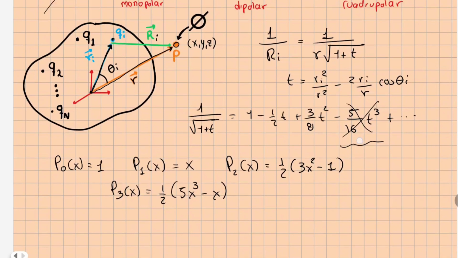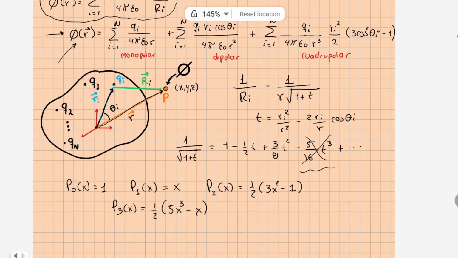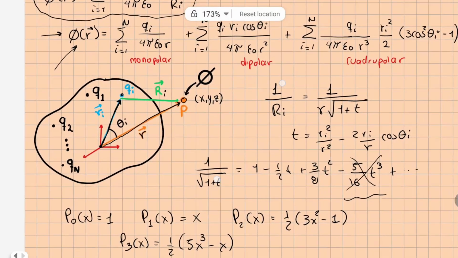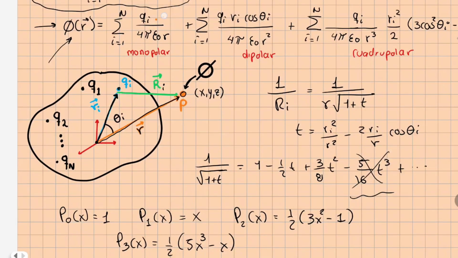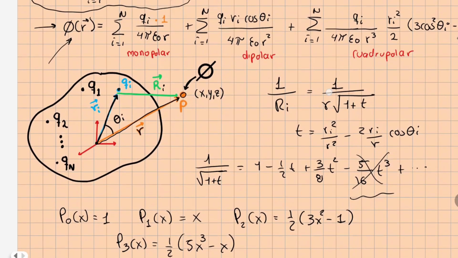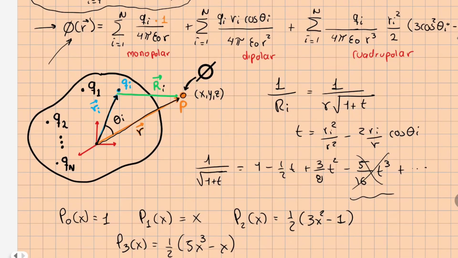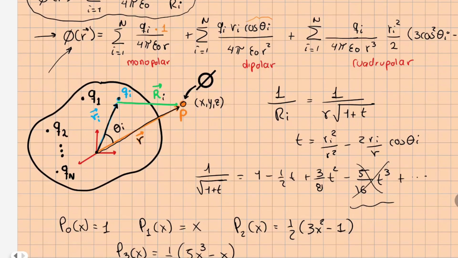Look that there is some similarity with the coefficients of the monopolar, dipolar, and quadrupolar terms. In this case, we can write, for example, that the monopolar term is multiplying 1. And look here that we have a cosine of theta i, which will be equivalent to the x.